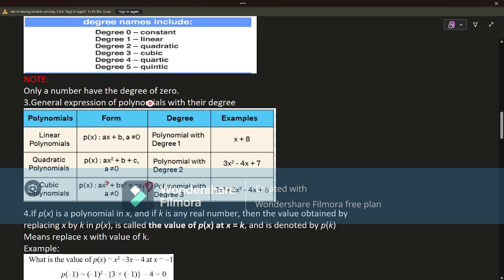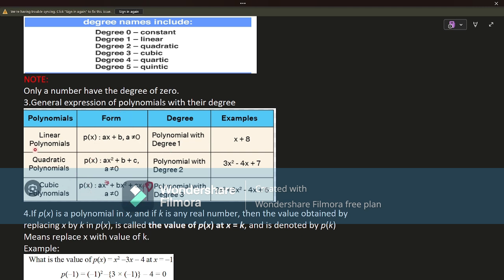General expression of any polynomial. For example, P of x is ax plus b. P of x is ax square plus bx plus c. P of x is ax cubed plus bx square plus cx plus d. Observe here, these are the basic representations, or general expressions, of linear, quadratic and cubic polynomials with their respective degree.